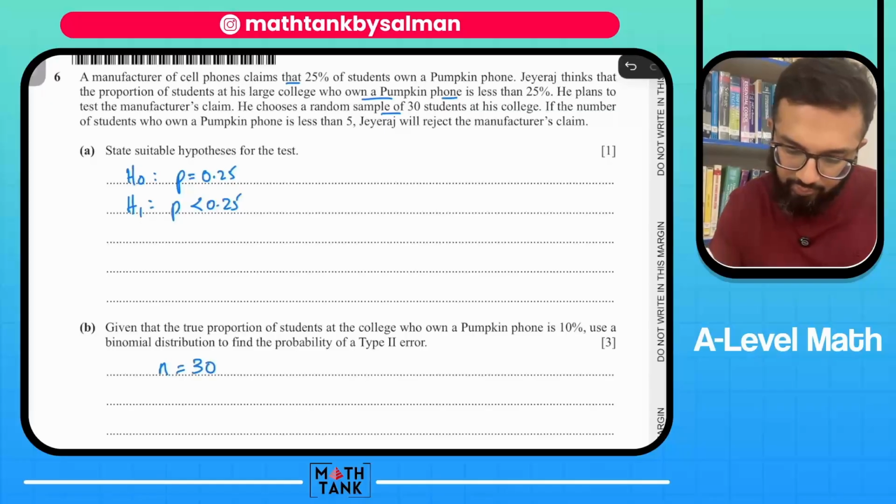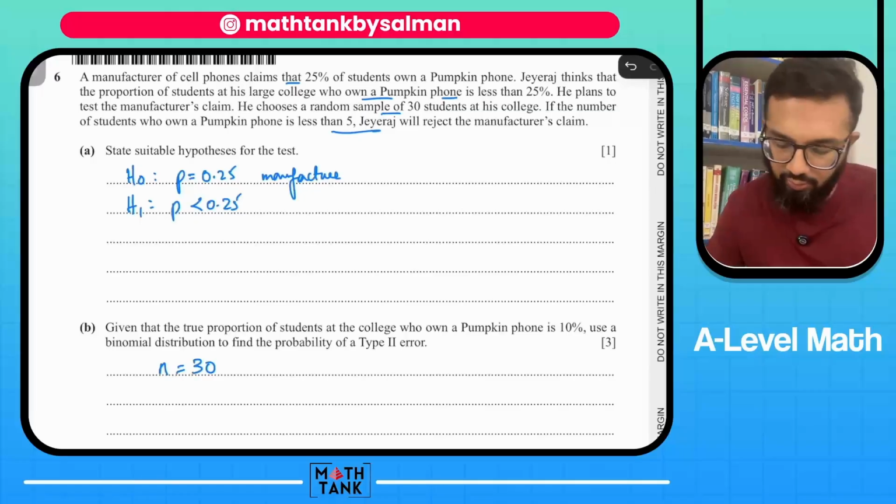If the number of students who own one is less than 5, Jairaj will reject the manufacturer's claim. Which one was the manufacturer? This is the manufacturer. So basically, the rejection region for H naught is X less than 5.